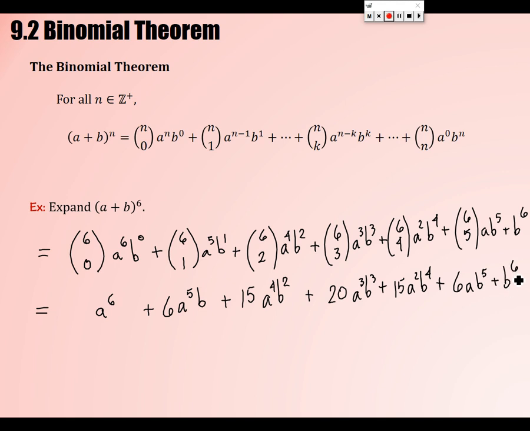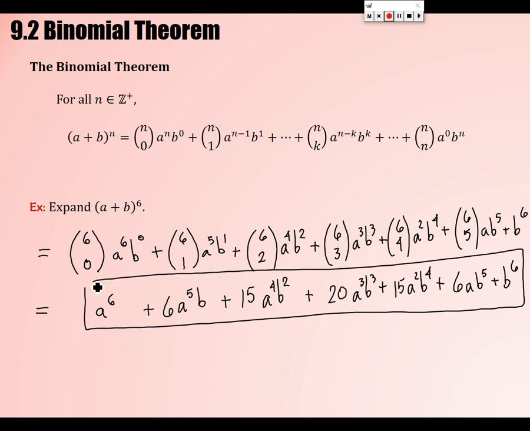On your calculator, this may be a new calculator trick for you. You're welcome to try this. This is our answer here. If you get out your calculator and type in 6, nCr, and then in curly braces separated by commas, 0, 1, 2, 3, 4, 5, 6, and press enter, it'll do all of those at once.